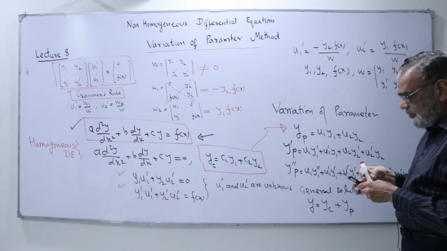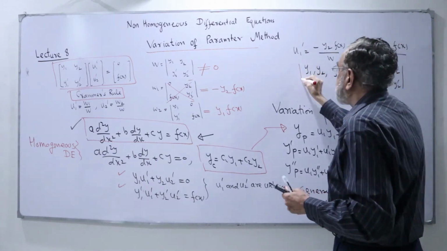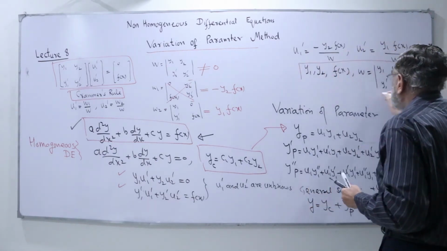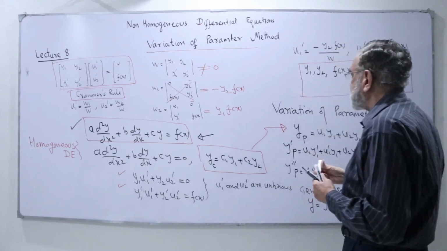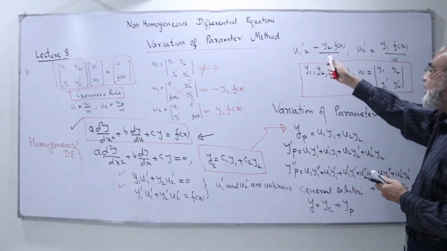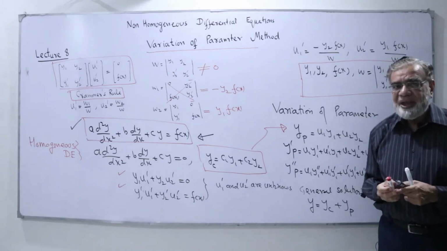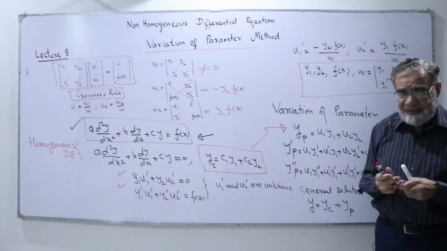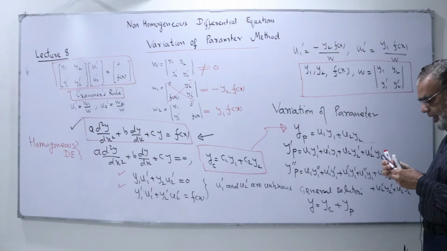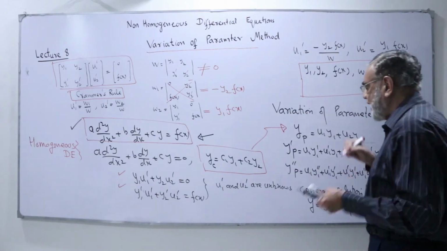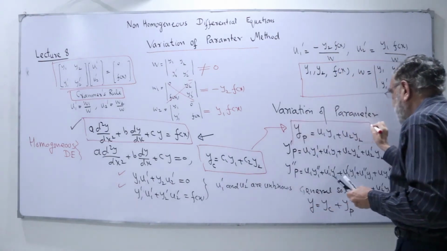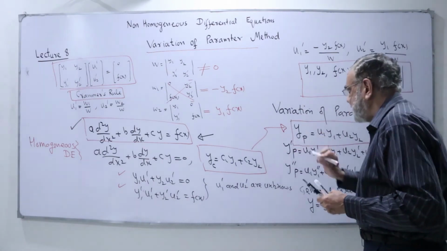When we have these four things, we are ready to find u1 dash and u2 dash. Once we get them, we integrate and find u1 and u2. We substitute the values of u1 and u2 in this equation and we find our yp.